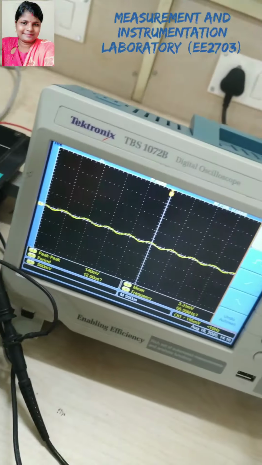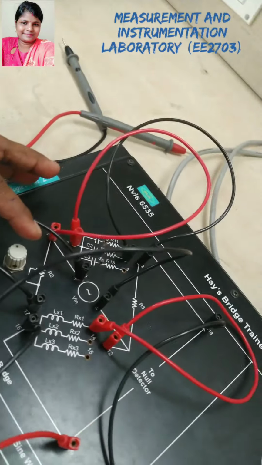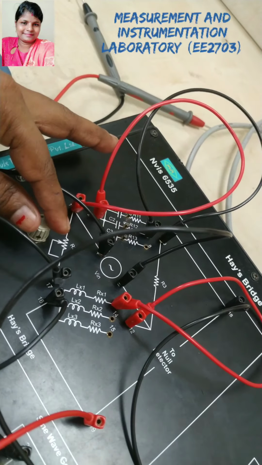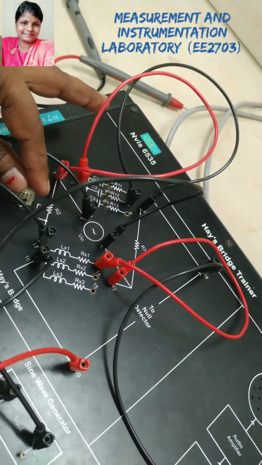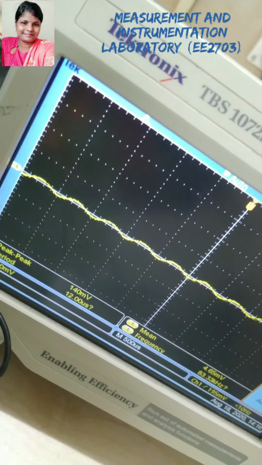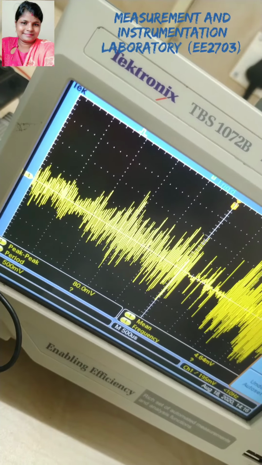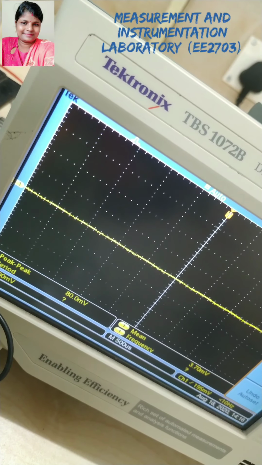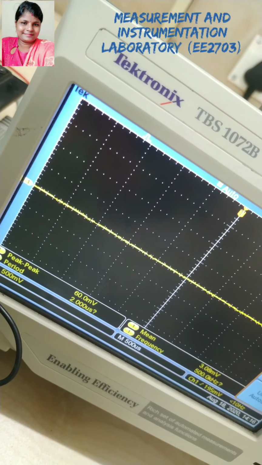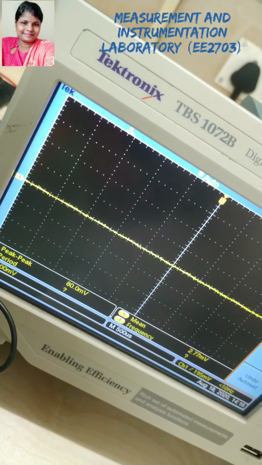Keep the potentiometer in minimum position. Switch on the power and check the peak to peak voltage by varying the value of R2 very precisely. Where the peak to peak voltage is minimum, the bridge is in balance condition.